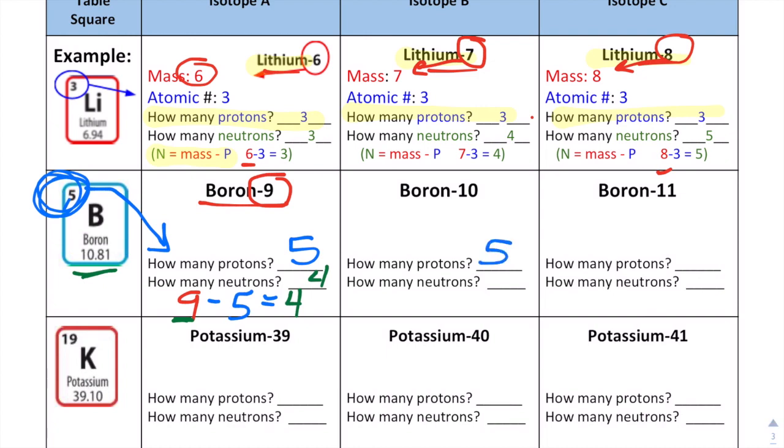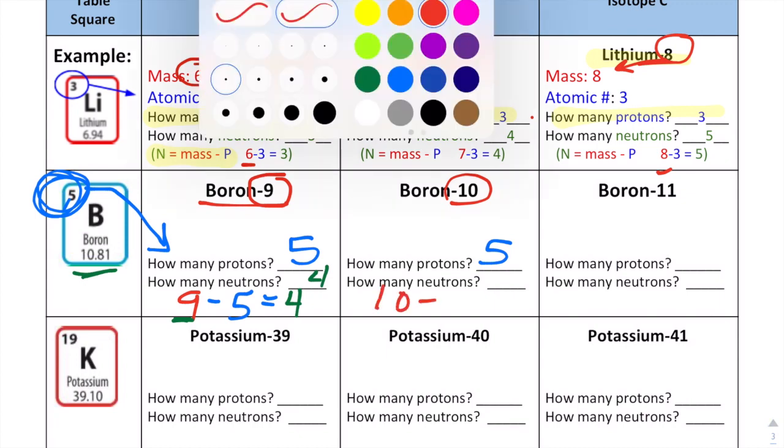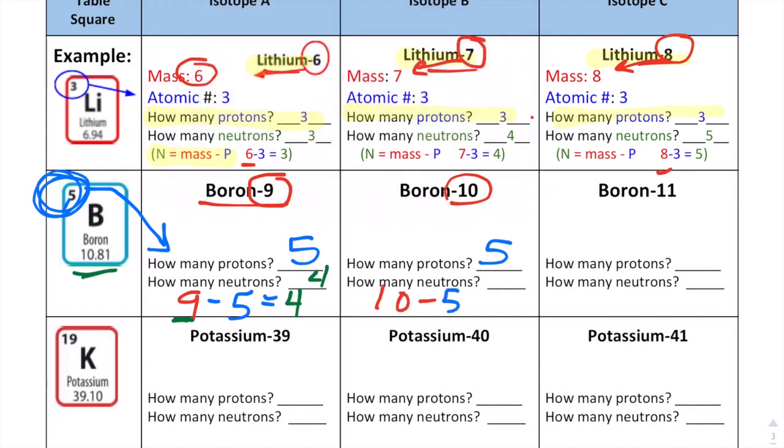And now this time, though, the mass is 10. So the mass is a little more, so I'm going to do 10 minus 5. And that means, in this case, there are 5 neutrons. Some of you are probably doing this in your head by now, and you don't really need to write all the work out, but we'll do one more together.